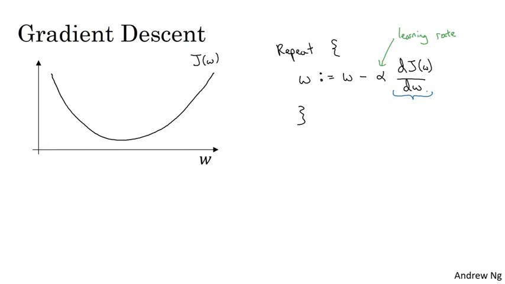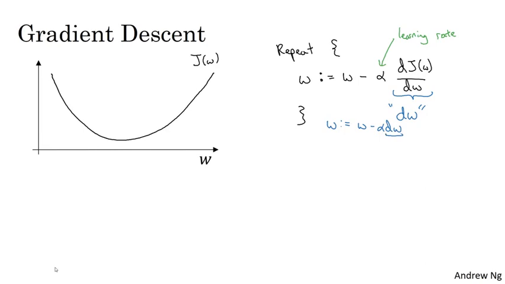When we start to write code to implement gradient descent, we're going to use the convention that the variable name in our code, dw, will be used to represent this derivative term. So when you write code, you write something like w equals, or colon equals, w minus alpha times dw. So we use dw as the variable name to represent this derivative term.